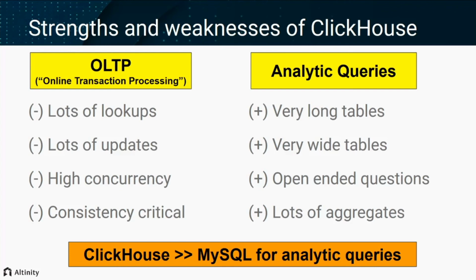So the structuring of the storage, the ability to do compression, the ability to parallelize queries both across individual CPUs and single hosts, as well as across many hosts, mean that you have very high performance for things like very long tables, very wide tables, where you ask open-ended questions for which there's no available index and you just have to do a brute force scan, and any application that computes a lot of aggregates.